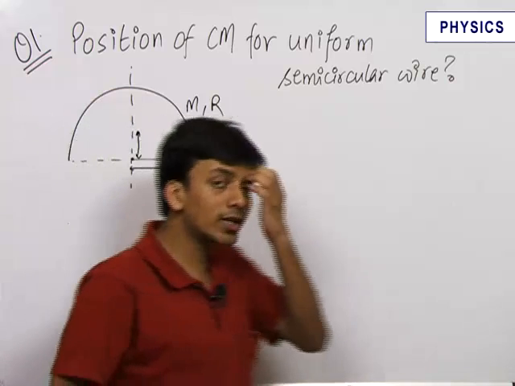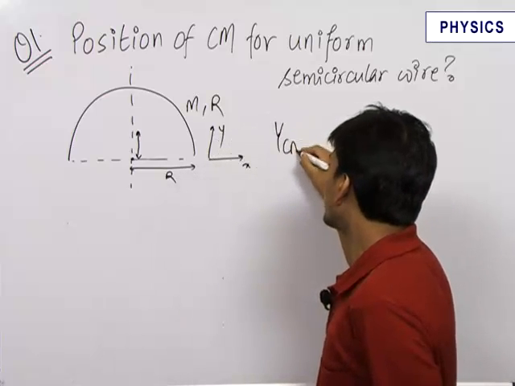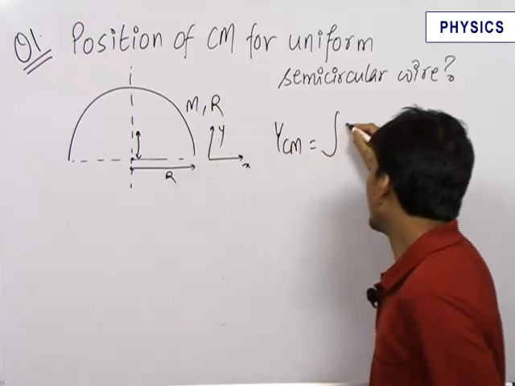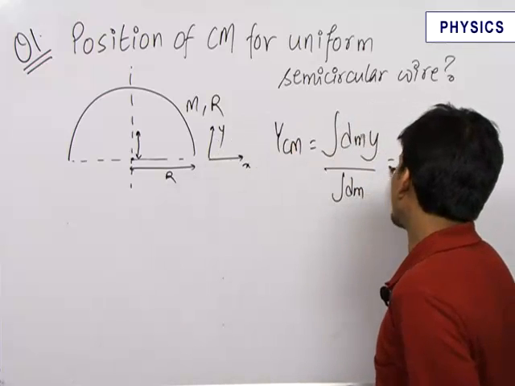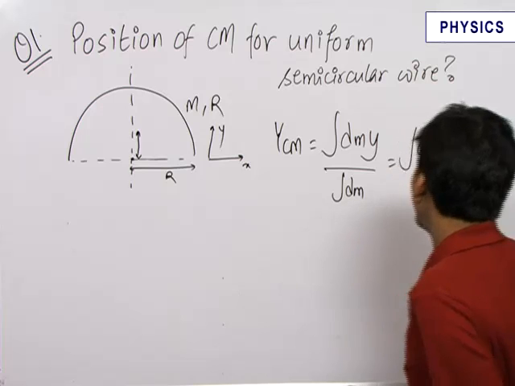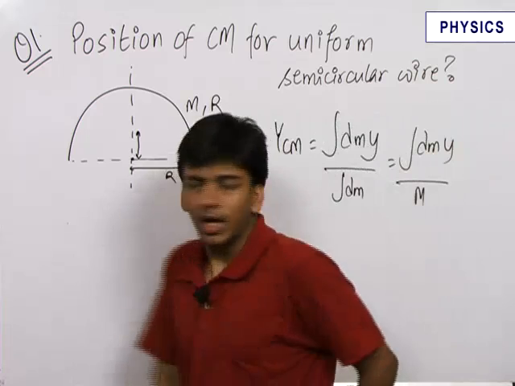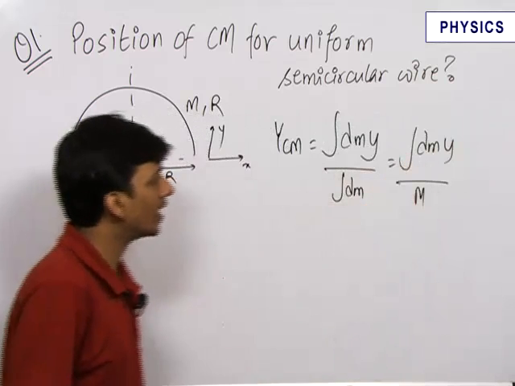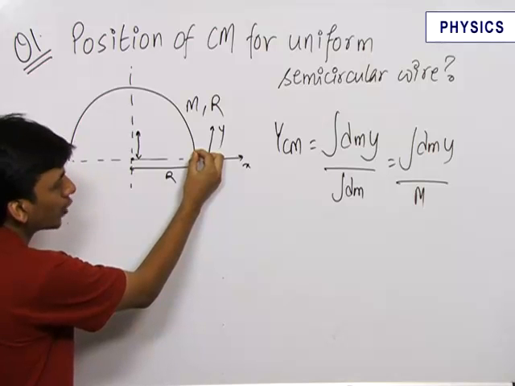Now for finding the center of mass for continuous objects, we have a formula. Y coordinate of center of mass is equal to integration dm into y upon integration dm, that is nothing else but integration dm into y upon total mass of the object. Now integration dm into y is every small mass multiplied by its y coordinate.